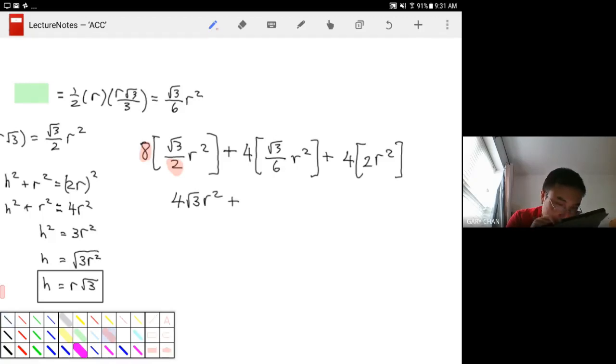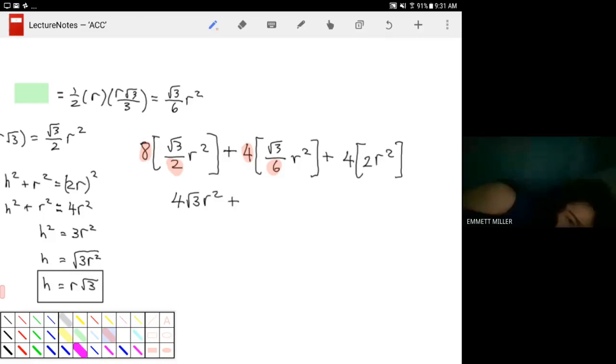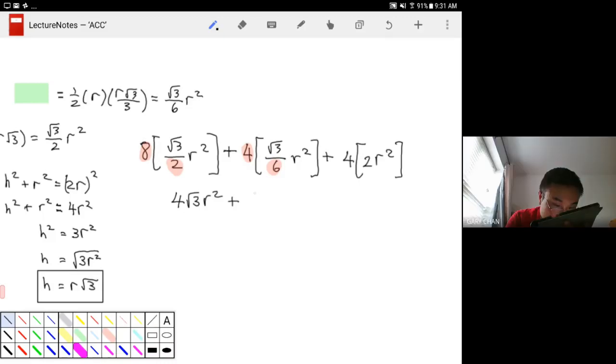What's the common factor between 4 and 6? 2. So I'm left with 2 radical 3 over 3, and then I can combine the 4 and 4, so this is really 8 R squared. And we're almost there.